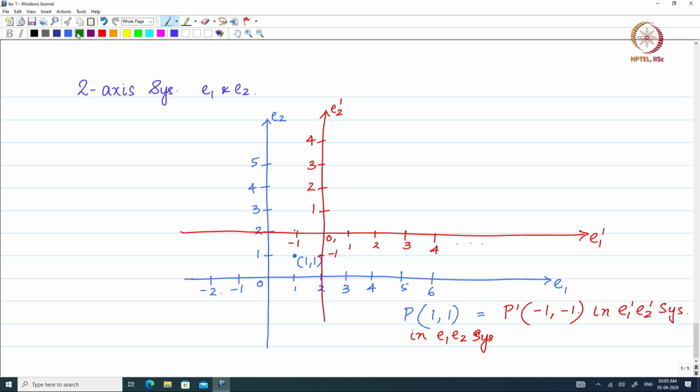Let us look at one more, where I am going to define my new coordinate system in terms of the green line. Let me take this to be my green coordinate system, where the origin corresponds to, let us say, minus 1 comma minus 1 in this system.